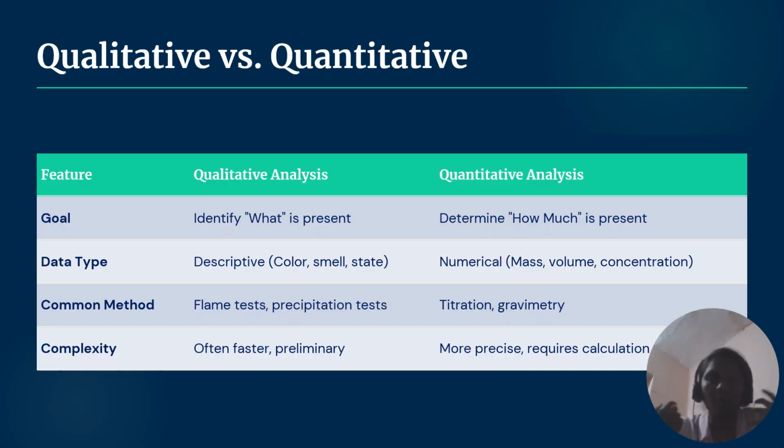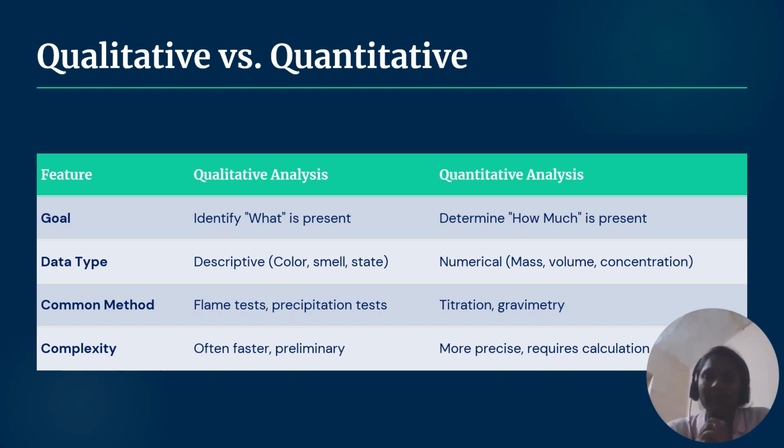When we talk about the differences between qualitative and quantitative analysis, the goal in qualitative analysis is to identify what is present, and in quantitative analysis it is to determine how much is present. This is a major difference. For data type, in qualitative analysis we recognize through smell, color and state, whether gaseous, liquid or solid. But quantitative analysis is always through numerical values like mass, volume and concentration.